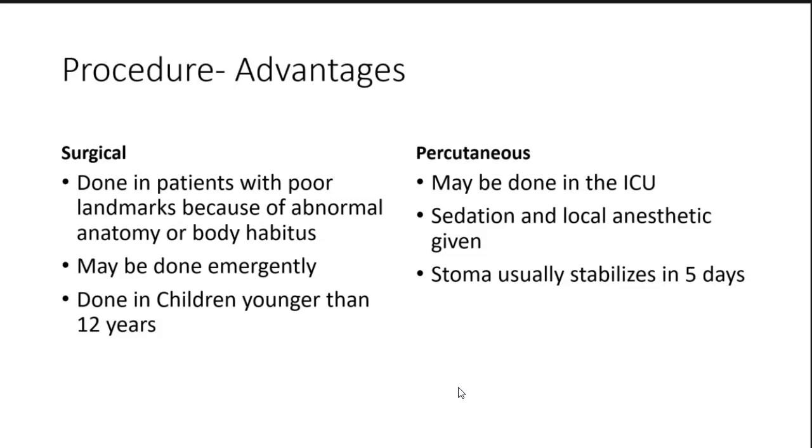Percutaneous trachs are done a lot of times at the bedside in the ICU, which is an advantage because you don't have the risks with transferring patients. The sedation is usually a lot less. It's just usually local anesthetic and sedation medication.